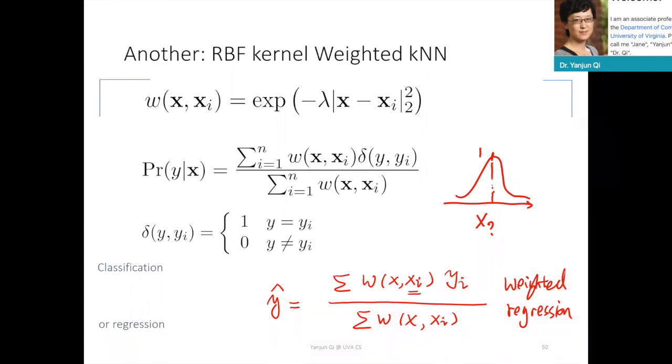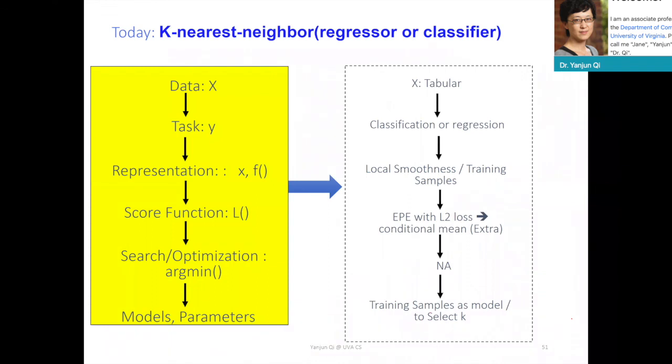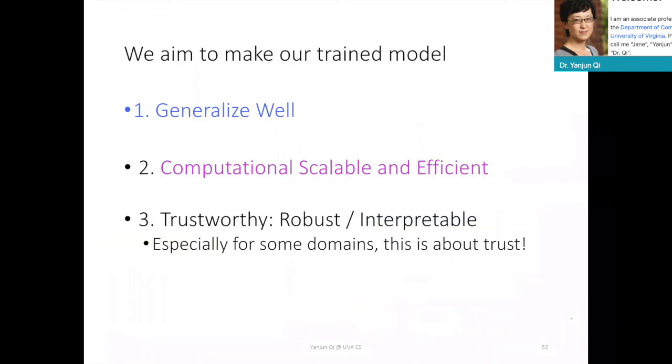All right, so I almost finished the k-nearest neighbor and instance-based classifier, but I skipped something extremely important. When we talk about models, we aim for models that generalize well, and are also computationally scalable and efficient.